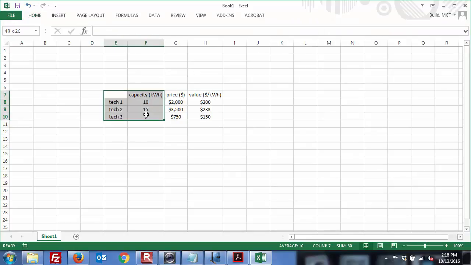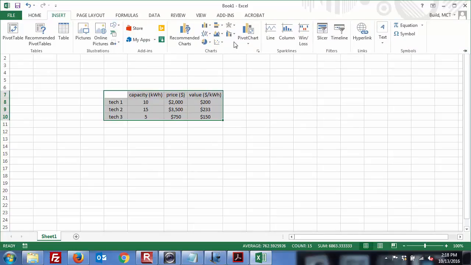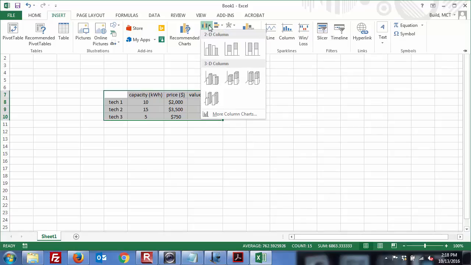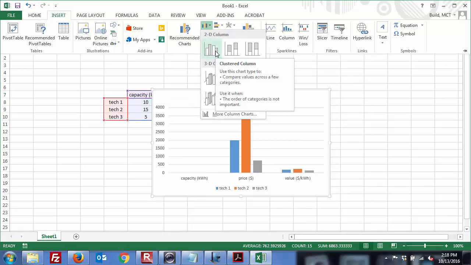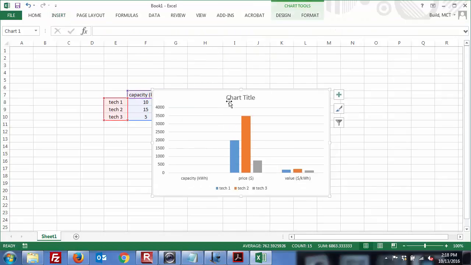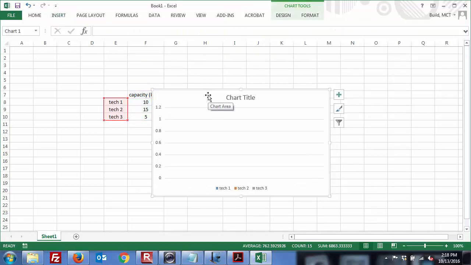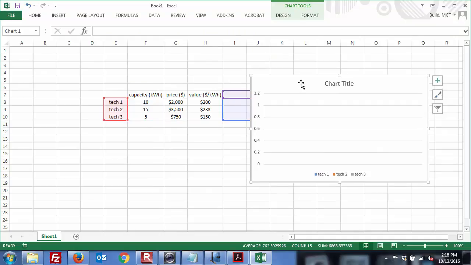Now if I come in here, grab this, let's see if this works or not. Insert, let's just insert a bar chart. I think that worked.